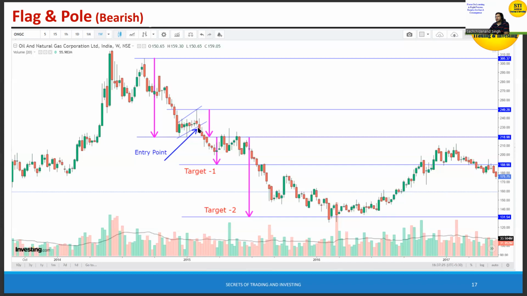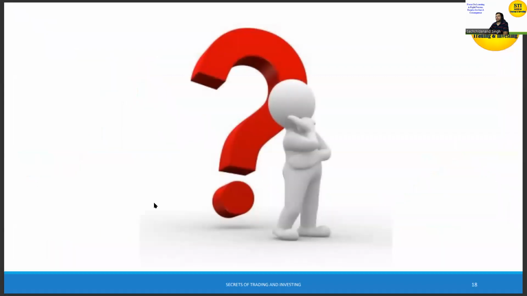Maybe here I think it's a wrong arrow. Maybe this is the most favorable position to take an entry, and the target will be again equal to the height of the flag, and then the second target will be equal to the height of the pole. So these are the two continuation pattern examples of flag and pole in a bullish market and bearish market.